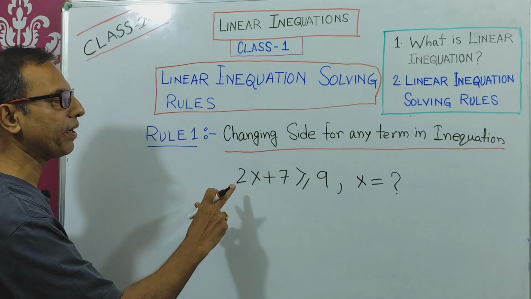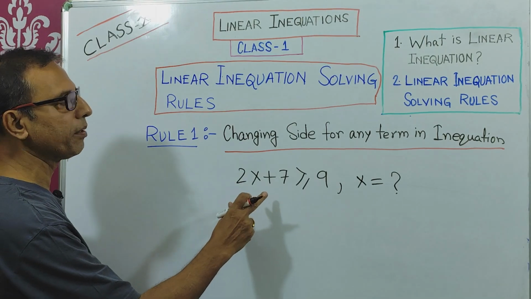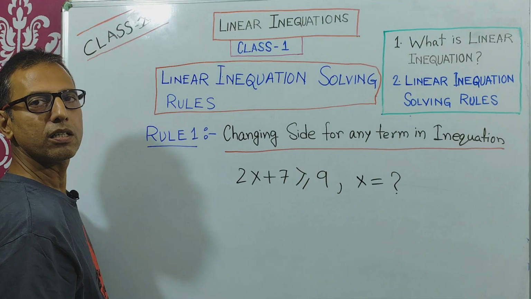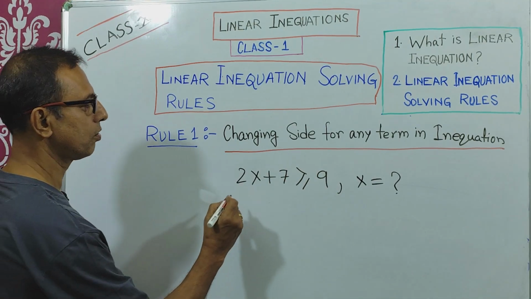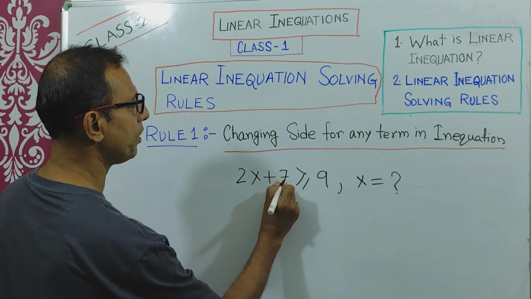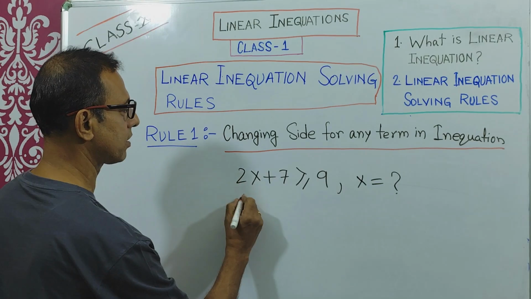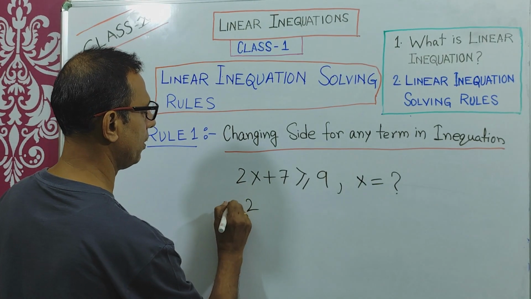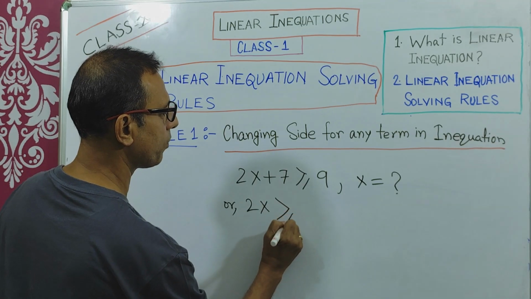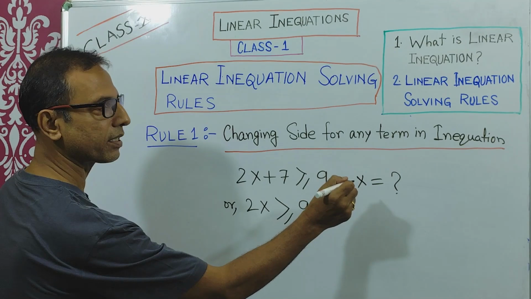You know very well from equations also that to find the unknown or the variable, you need to take the variable to one side and the constant to the other side. So if you are asked to find the variable x, what will you do? You need to take 7 to the other side, right? Constant on one side, variable on the other side. So 2x greater than equals to 9, and you are taking 7 from this side to that side.